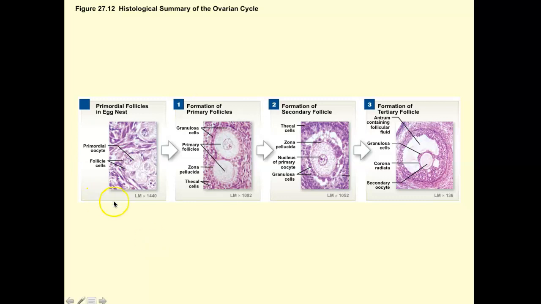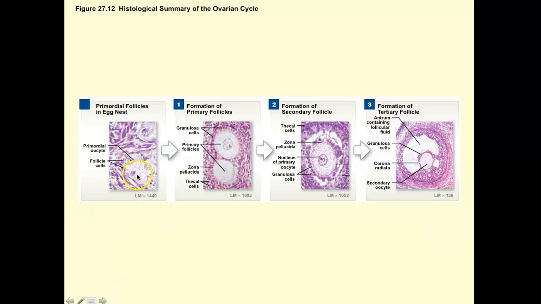One big difference between oogenesis and spermatogenesis is that oogenesis takes place in utero. So a female fetus inside the womb is creating the eggs already, whereas for a male, the spermatogenesis process does not happen until puberty. Okay, so it's very different.